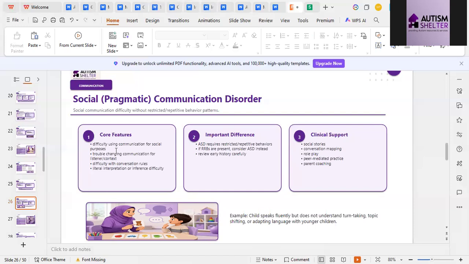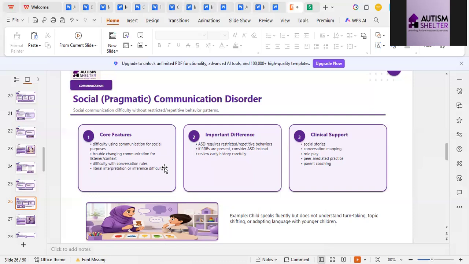This is difficulty using communication for social purposes, and trouble changing communication for listeners, so they don't get the point. Next is literal interpretation or inference difficulty. They don't infer information directly, like "hurry up," "wind up," "clean up," "let's go"; they don't get it instantaneously. They take time to infer the information you are providing.